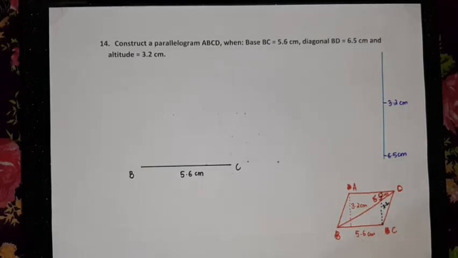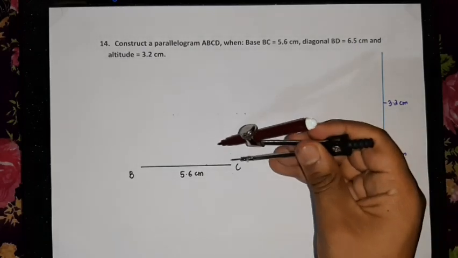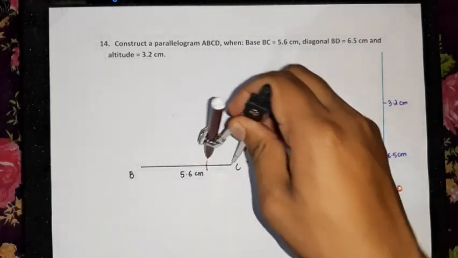Now let me take the base BC to be 5.6. Now after this we'll construct this height, which is 3.2 centimeter. So this is actually 90-degree angle, so let us quickly draw 90-degree.